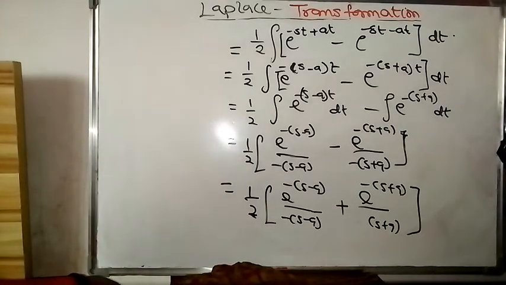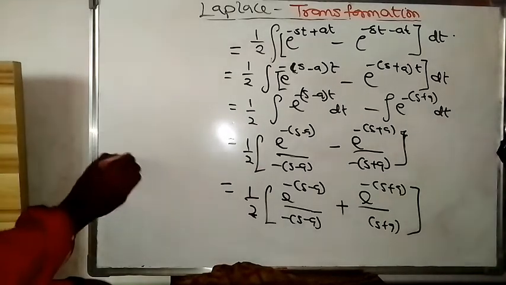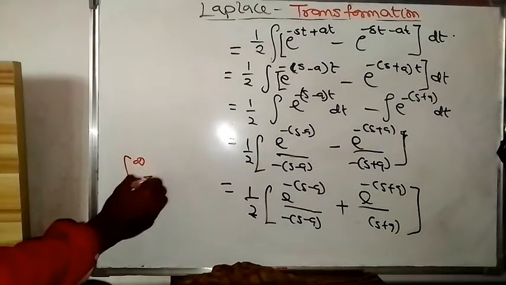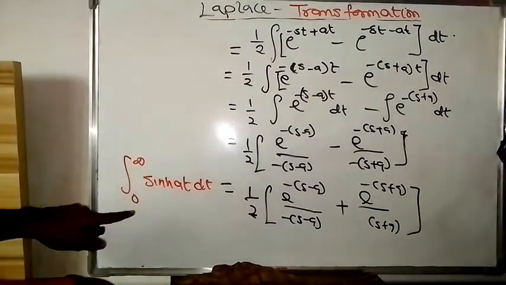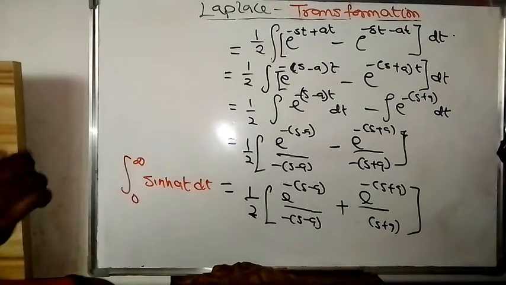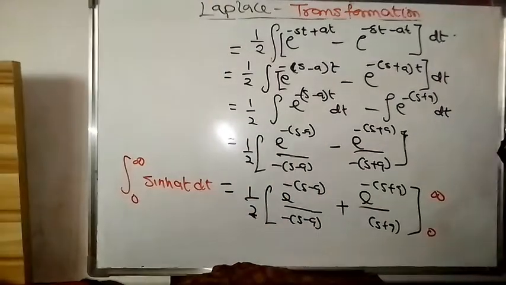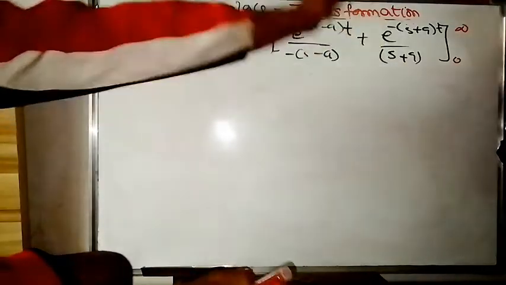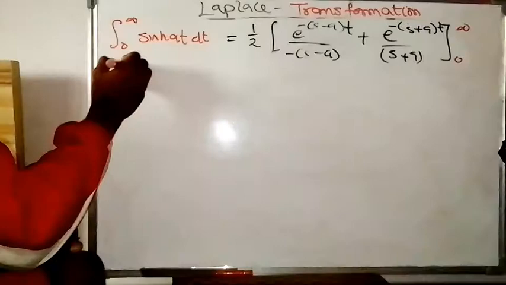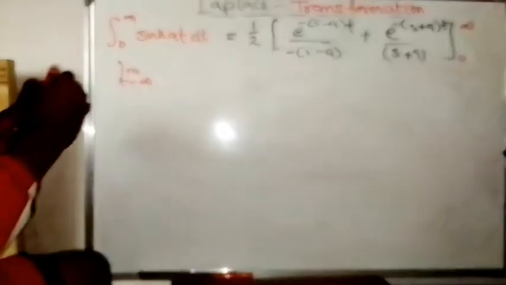So what's our next step? Remember, our limit says the integral from 0 to infinity of sine at t, right? So we are taking the limit from 0 to infinity. So our next step now is to take our limit from 0 to infinity. So now let's proceed. Applying my limits from 0 to infinity, this becomes limit t tends to infinity of this.